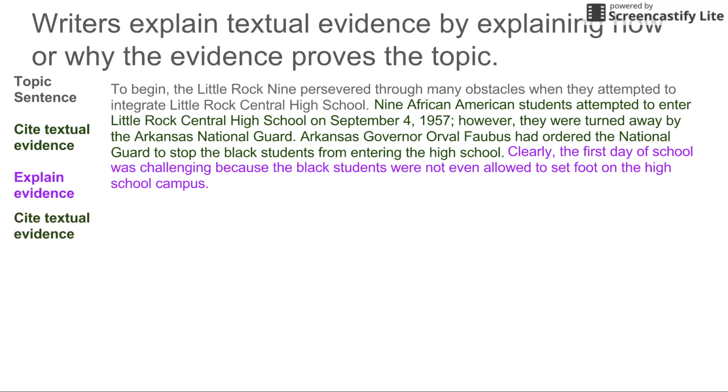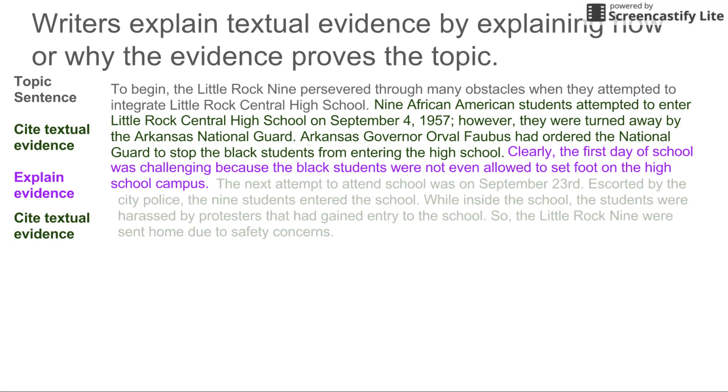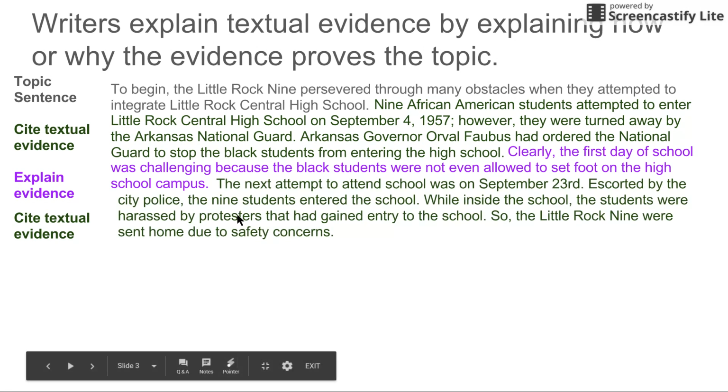I have my topic sentence, cited textual evidence, explained my evidence. Now the next step is to transition into a second piece of textual evidence. So I'm going to use a transition such as shortly thereafter, or the next incident took place on, and I chose the phrase the next attempt as my transition.